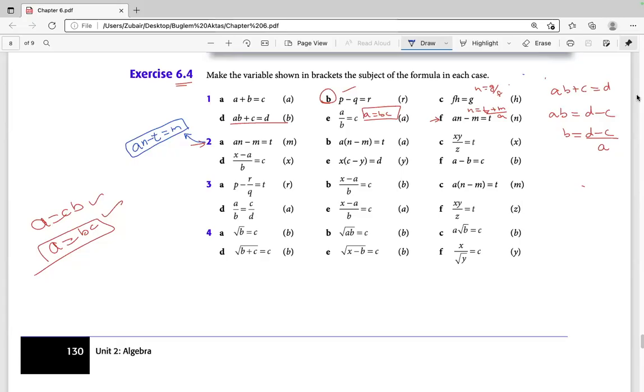Would it be negative M equals T N over A? I don't think so. No. Why take M over there and bring T on this side? So N minus T equals M.